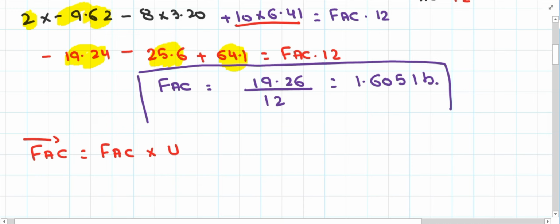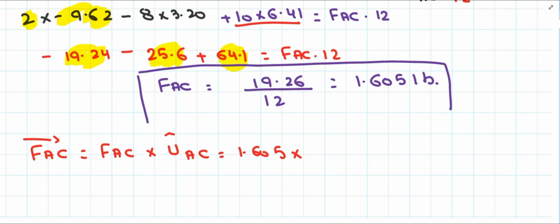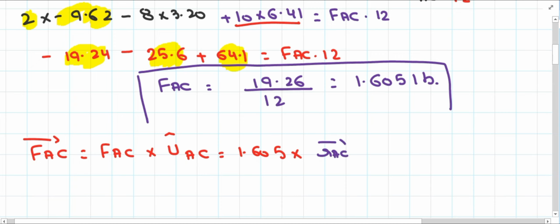The force F is directed along the cable AC, so the unit vector in this case is nothing but AC. We know the magnitude of FAC is 1.605, and the unit vector is the vector upon its magnitude, so it is the position vector RAC divided by the magnitude of the RAC position vector.